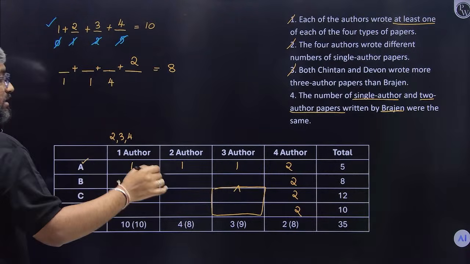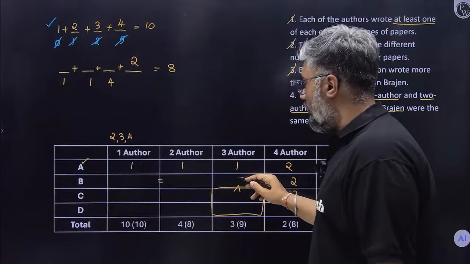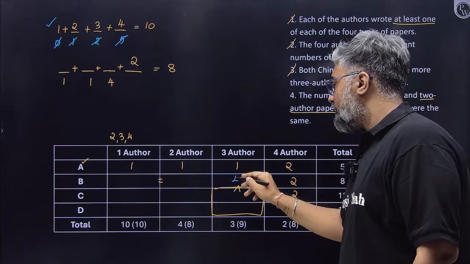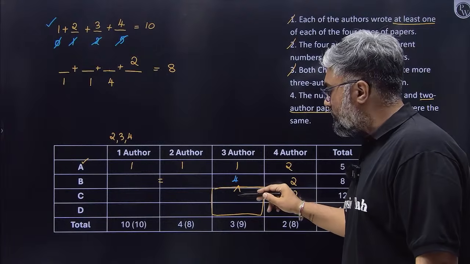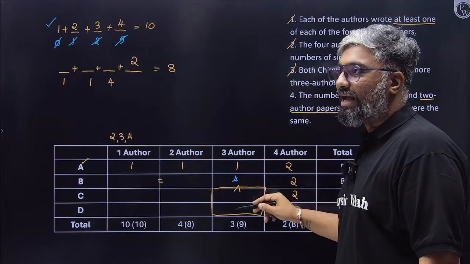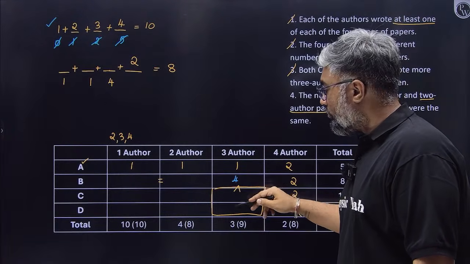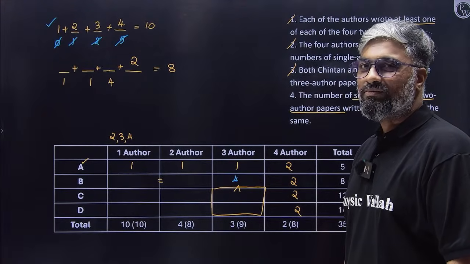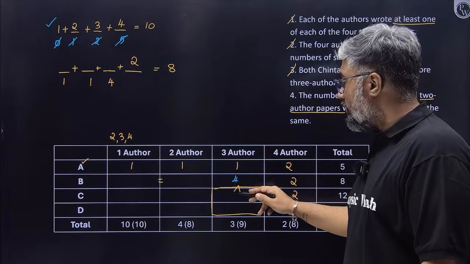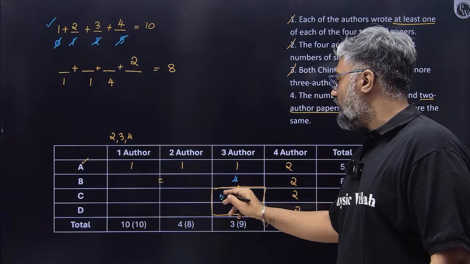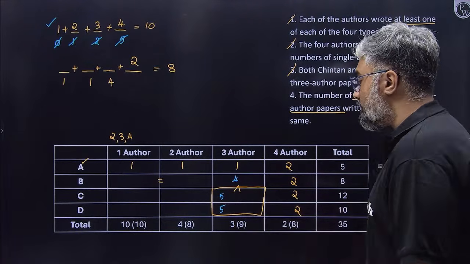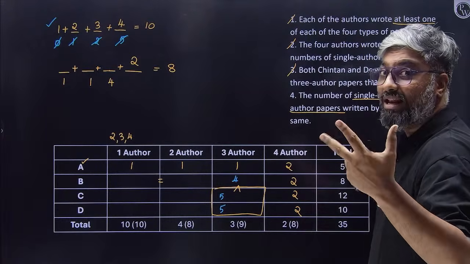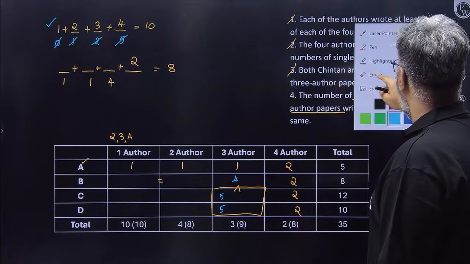If this value is 4, both of these values should be more than 4. Agreed? Is it possible to be more than 4? No. Why? Even if I take 5 here and 5 here, it is going more than 9. 5, 10, 14, 15, more than 9. No. This can't be 4.